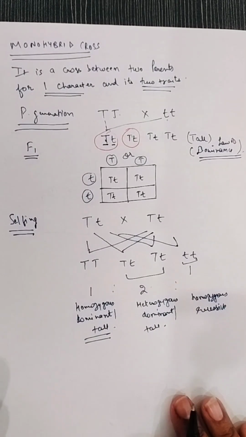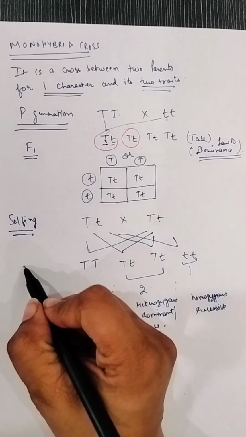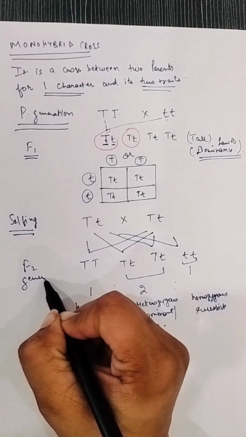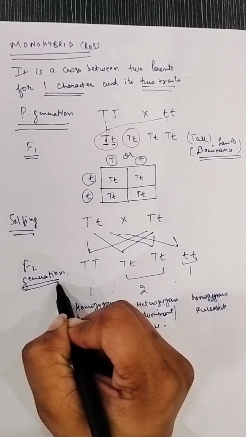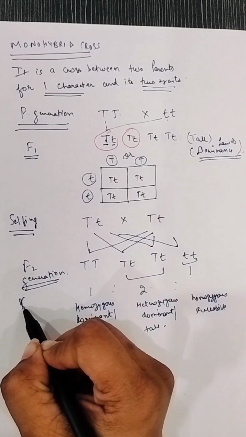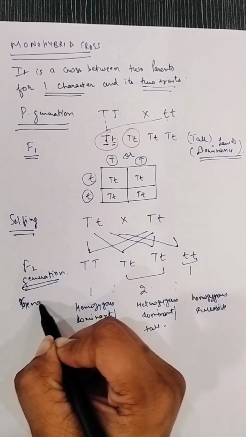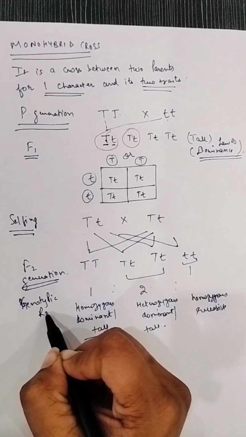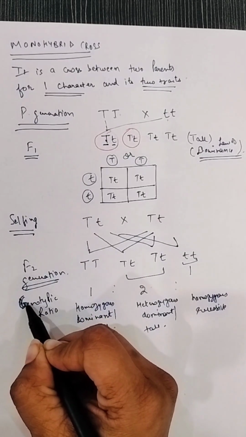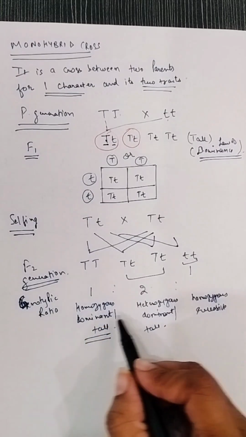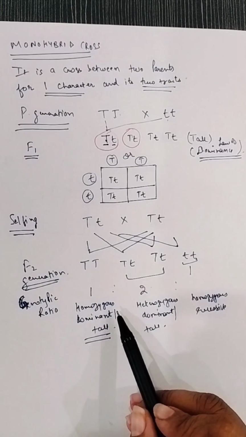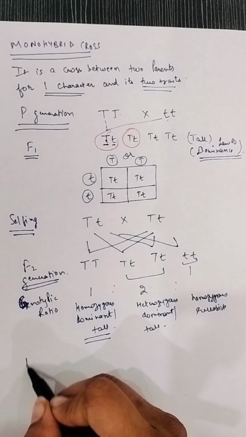This is how we get F2 generation. So this is the genotypic ratio. This is a genotypic ratio of monohybrid cross.